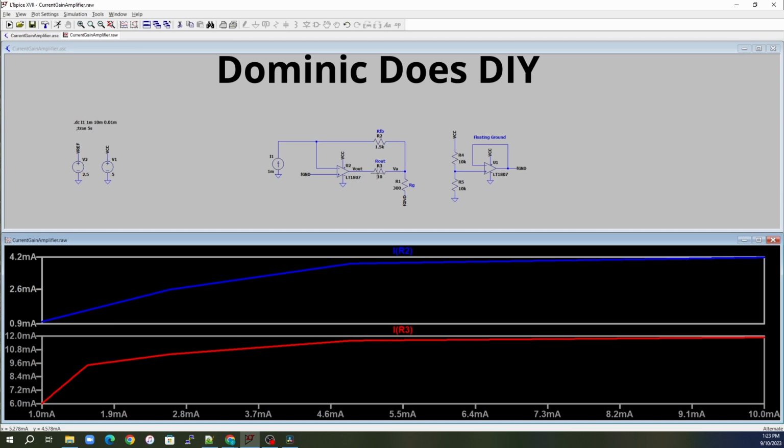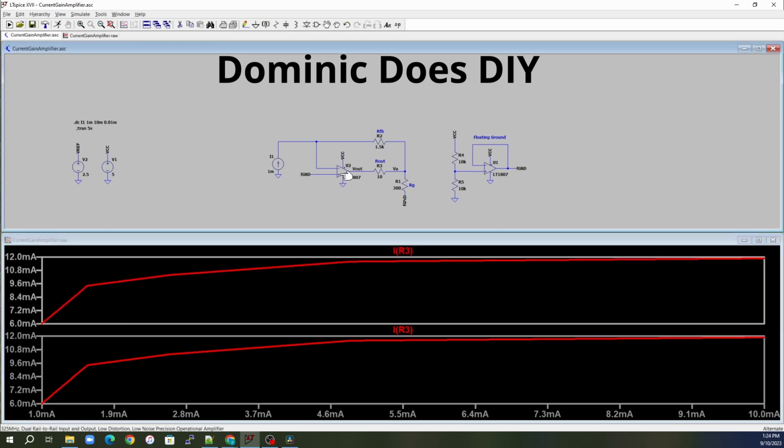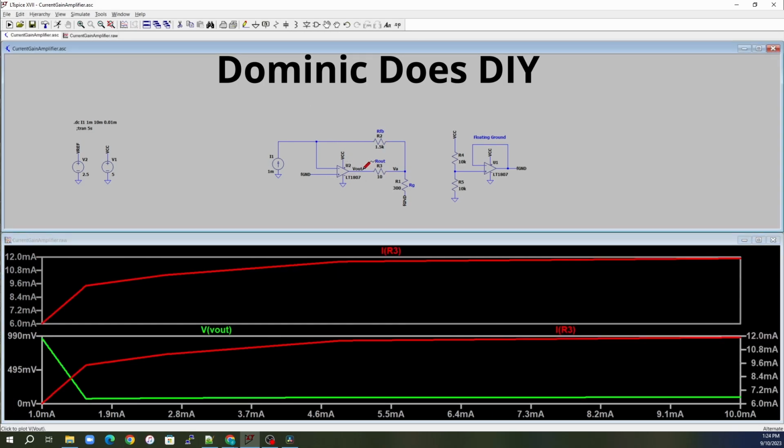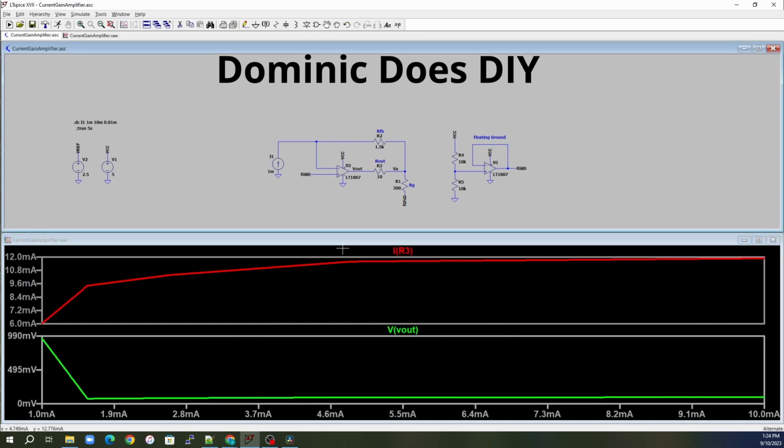But let's actually look at something else here. We want to see our output current, and then we want to see that in comparison with our output voltage. So we can see in this first section over here, up until about 1.5 milliamps, about 1.56 milliamps, we have a nice linear translation, right?